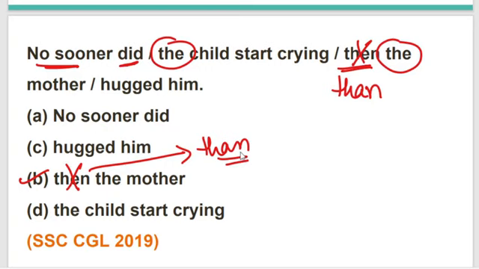Whenever you are solving this kind of questions, whenever you are seeing a sentence starting with no sooner and then, we often overlook the word then, and we often read the word then as than. It's a very common mistake that we make, because usually in this kind of sentence the word than is used, and usually that goes on in our mind and we overlook it.